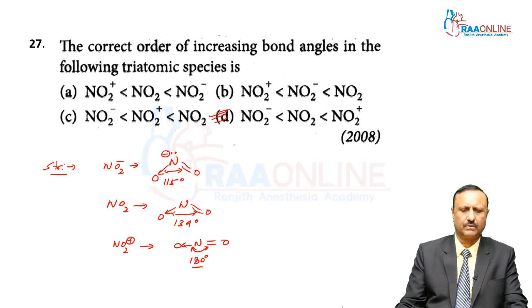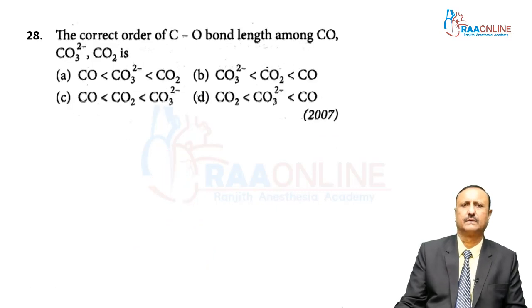Now, my dear students, we can go to question number 28. The correct order of C-O bond length among CO, CO3 2 minus and CO2 is. Here, my dear students, we can see the bond length. A single bond length is maximum, then double bond, then triple bond.